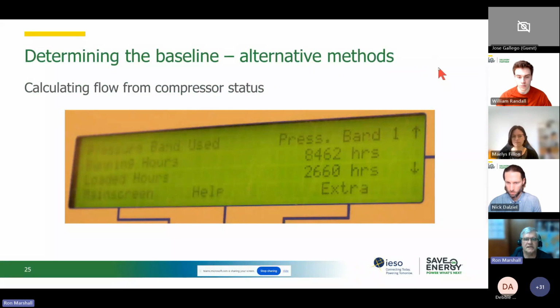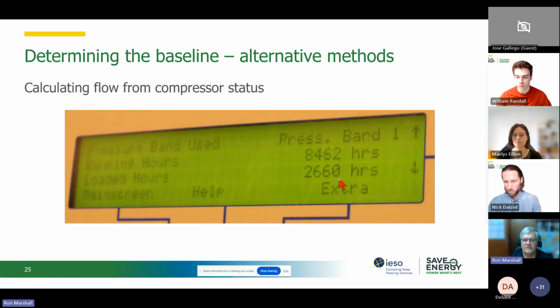All right, determining the baseline, some alternate methods. This is the first thing I go to if I encounter a system that's running load/unload: the compressor hour meters. Most modern compressors have hour meters that track the running and loaded hours.